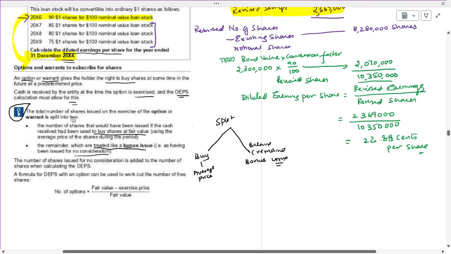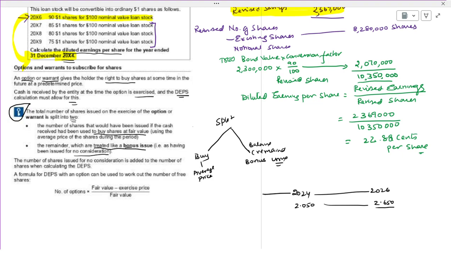Bonus issue means when you have the option to convert, the right to buy shares at some point in the future at a predetermined price. Say now you are in 2024 and the price is 2 riyals 50 paisa. They say that in 2026 you are going to buy a share at 2.650, a predetermined price, fixed at the time of issue.